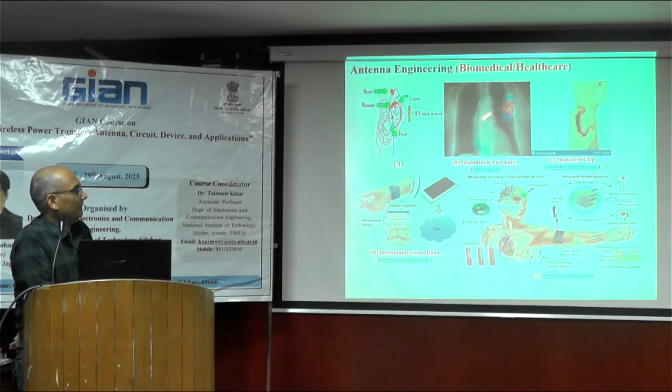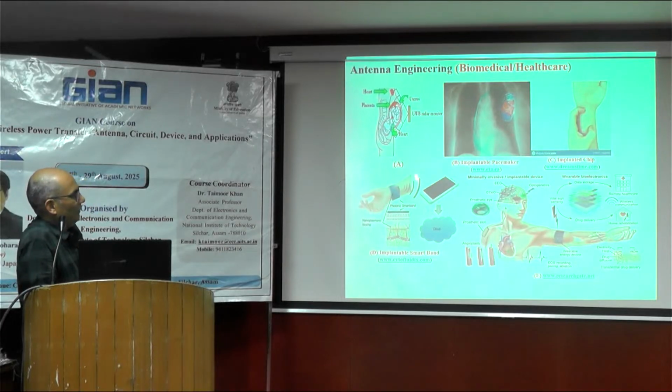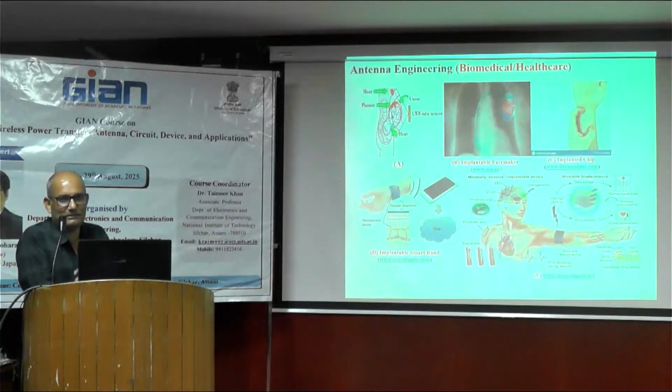Then another variety, because in the last lectures we discussed some correlations between biomedical and healthcare scenarios, like implantable pacemakers, implantable chips, and different wristbands. In all the scenarios we can see, all have at least an antenna. The rest of the things you may not take seriously at this moment, but all these applications have at least an antenna.